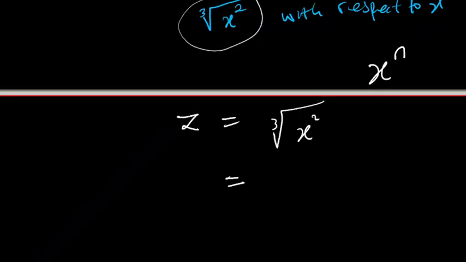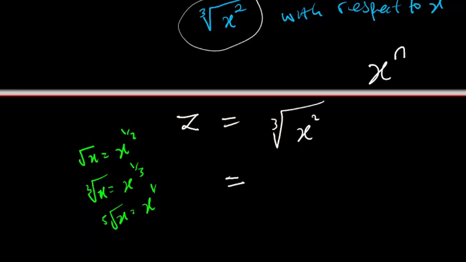Don't forget in indices, root x is x raised to power 1/2, cube root of x is x raised to power 1/3, fifth root of x is x raised to power 1/5.